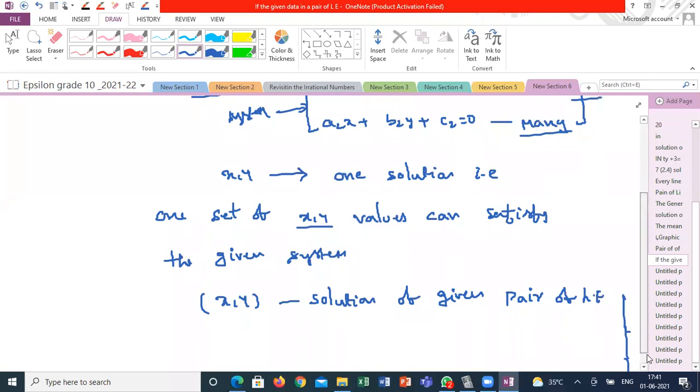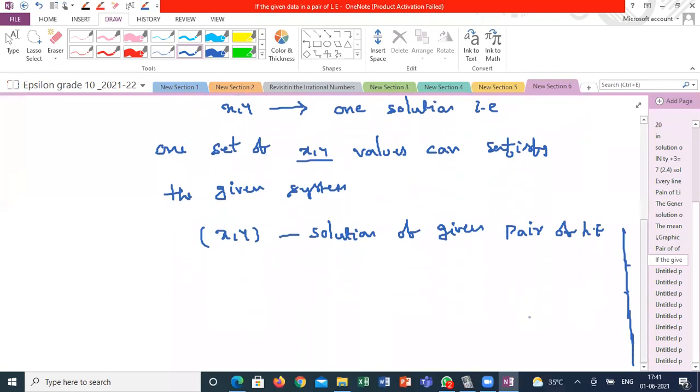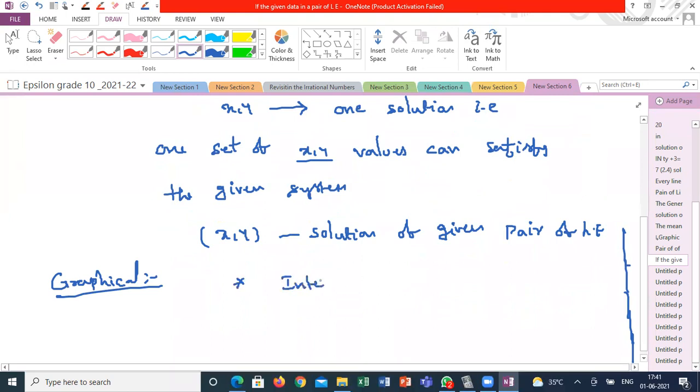In case of graphical method, our first method is the graphical method. When I started teaching the graphical method, we have three possible options. First one is intersecting. That means both will intersect at one point.